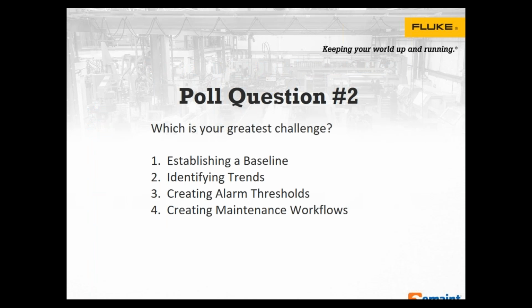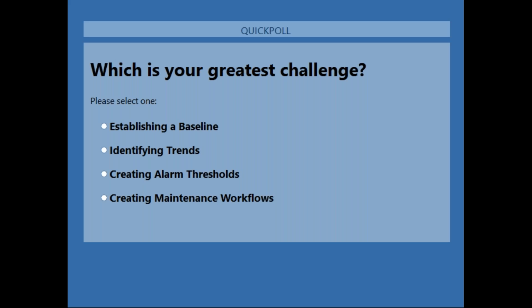Okay, moving on here, we have a poll question. Alex is asking us to tell him what challenge, based on what you've seen, you face for trending and baselining. What is your greatest challenge? Is it establishing a baseline? Is it identifying trends?